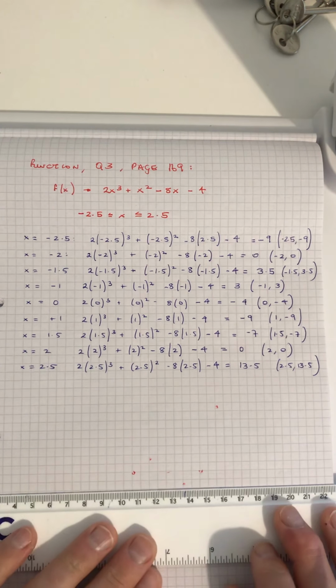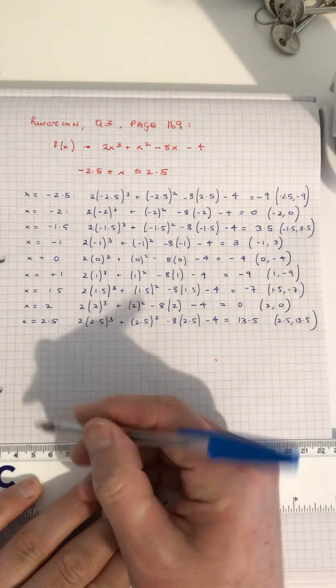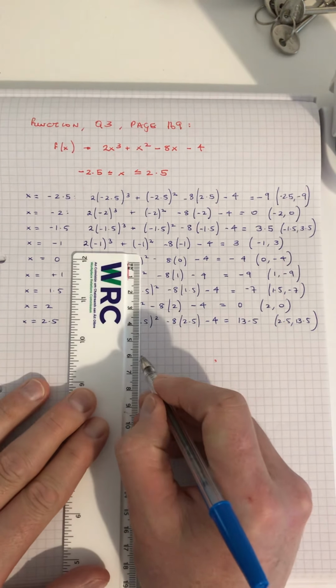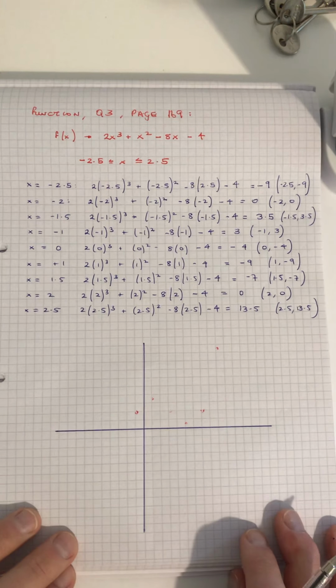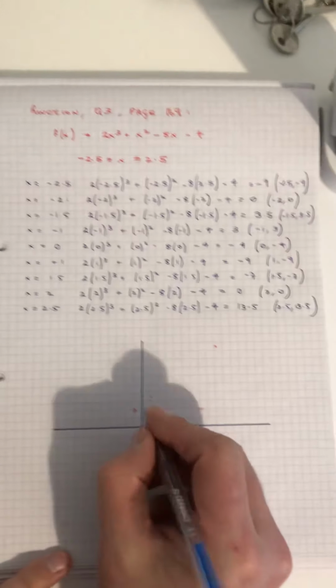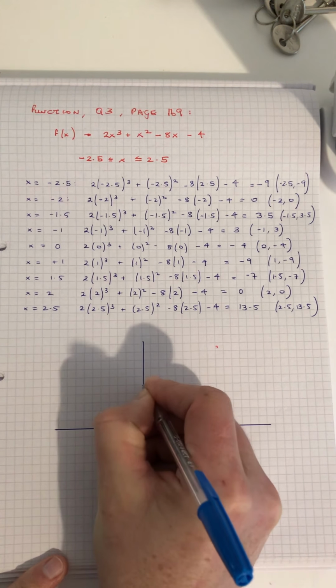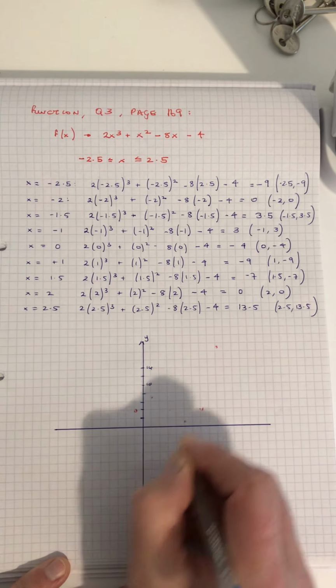And so again, I'm going to draw this graph out for you. So somewhere in the middle, I'm going to put my x and my y axis. Okay, I need to get up as far as 13. So 2, 4, 6, 8, 10, 12, 14 on the y-axis.